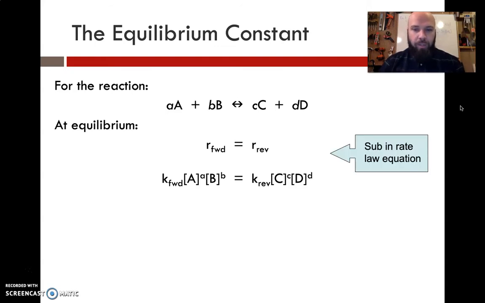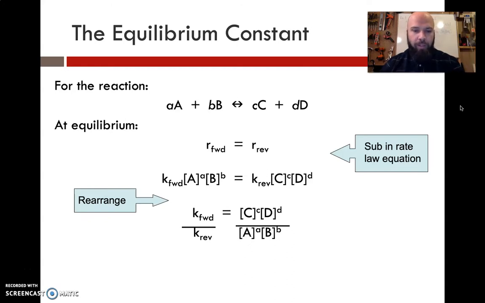Thus, if we use the rate law equations for those two rates, you have the K rate constant from the forward and the K reverse rate constant there with your concentrations and your coefficients as the exponents.